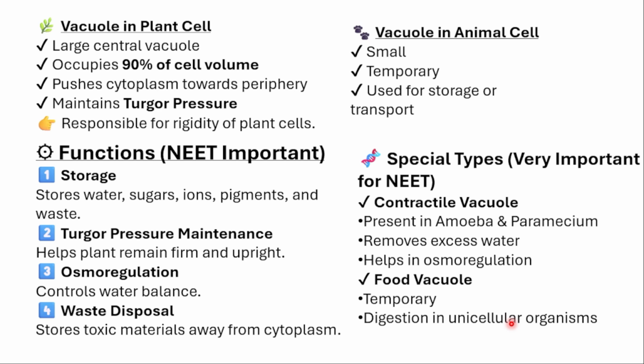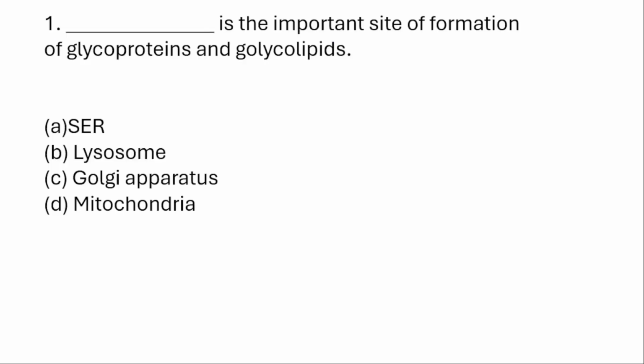I hope everybody is clear with the concept today. Let's start with the MCQ. First 10 questions will be for the discussion, and the last 10 questions will be for your homework. Means in the next lecture or next video, you will be getting the answers for those 10 questions. Okay. First question for today's class.